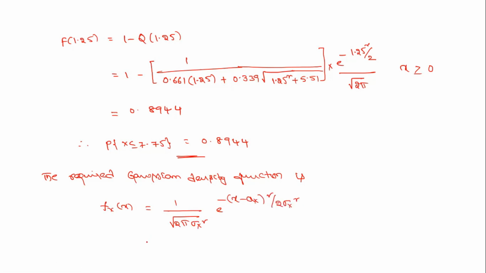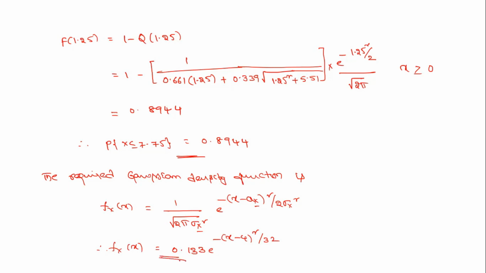Substituting the sigma X and aX values as per the given data, you get 0.133 e to the power of minus (x minus 4) whole square by 32. So this is the required mathematical equation for the Gaussian density function.